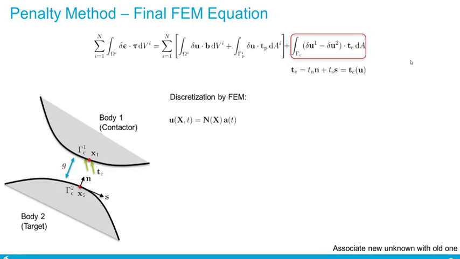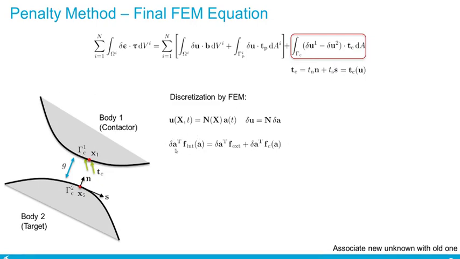By that I mean that I represent our solution variable u in terms of shape function N multiplied with the degree of freedom vector a, and the variation of u would be the shape function multiplied with the variation of the degree of freedom vector.